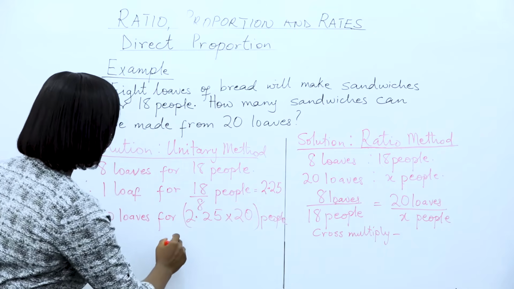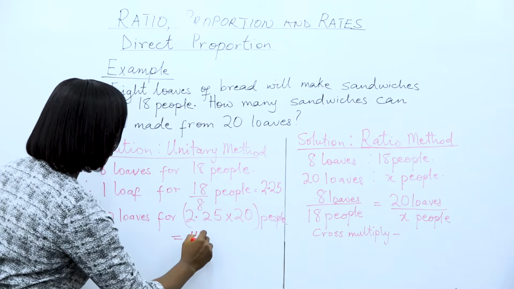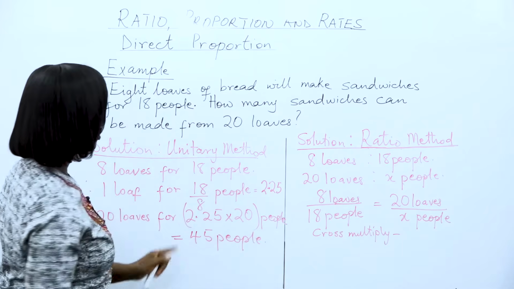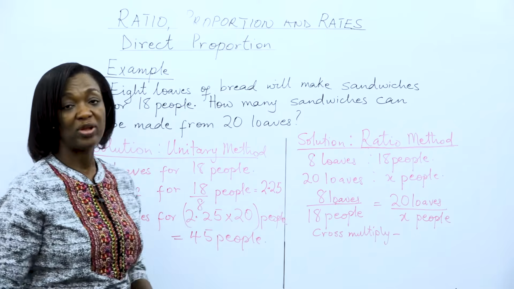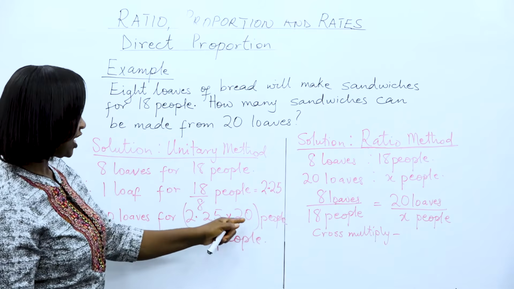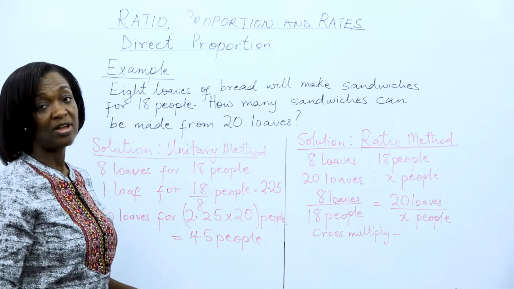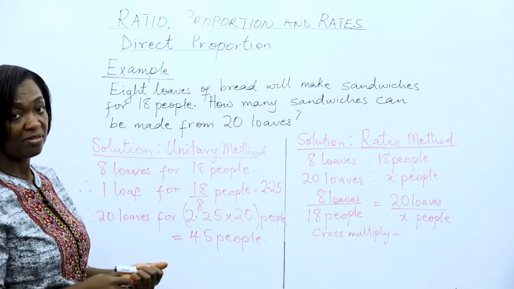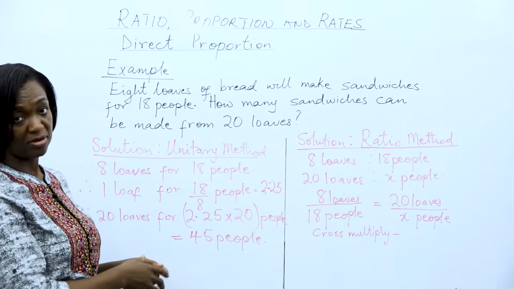And that will give us 45 people. Because 2.25 times 20 will give us 45. 2.25 times 10 will be 22.5. And 22.5 times 2 will be equal to 45. So that's the unitary method.